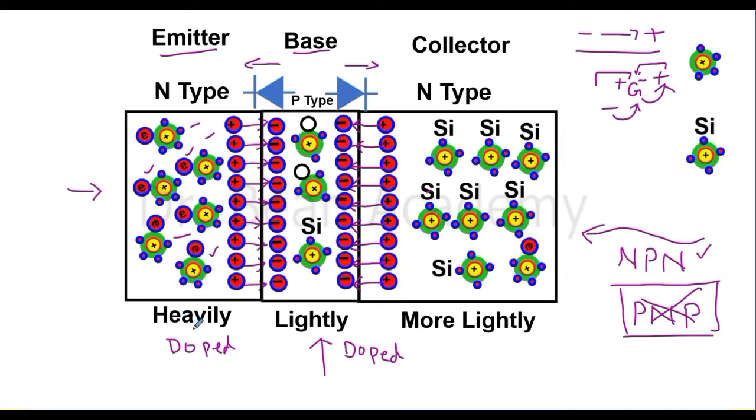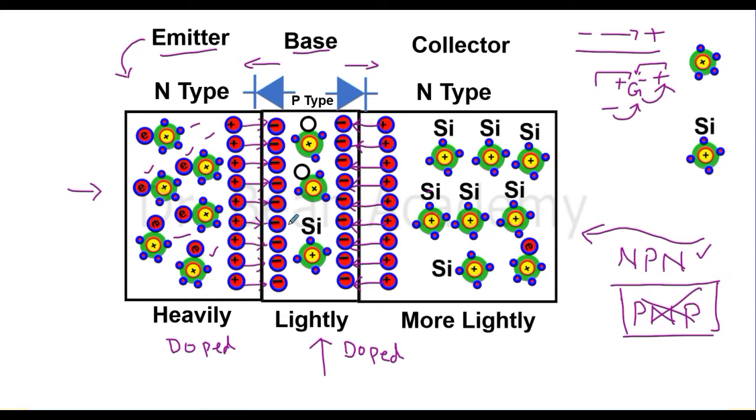This one is heavily doped and they call it emitter because during the operation they want to use it to start the current. You can consider it like a reservoir of charges. When they want to operate it, they want to use it as a reservoir of free electrons or loosely bound electrons, so that it will emit electrons out of this region, and they can conduct current if the situations are favorable.